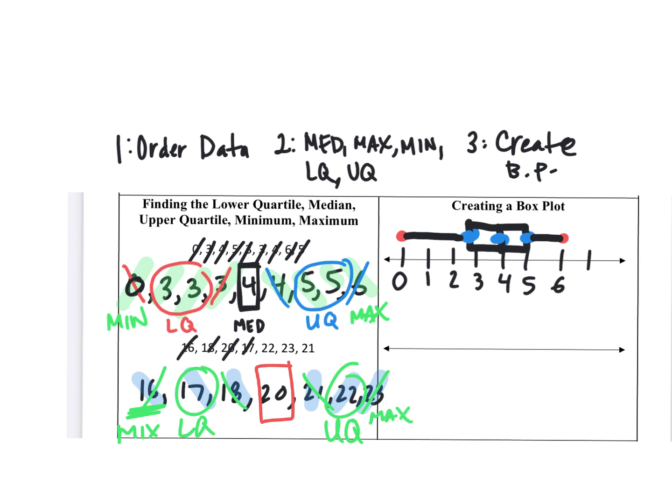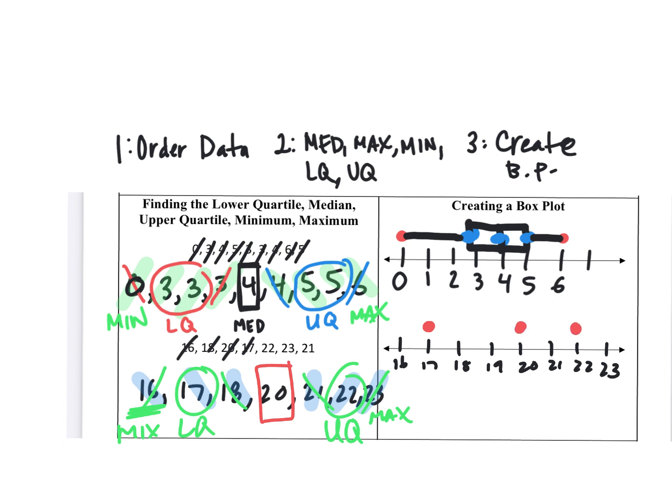Knowing that, that's what I have to make my number line with. I have to have 16 all the way to 23. 17, 18, 19, 20, 21, 22, and 23. Let's put our dots. So let's put our 3 in the middle. We have our lower quartile, our median, and our upper quartile.